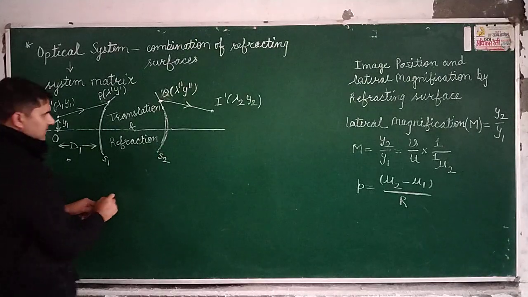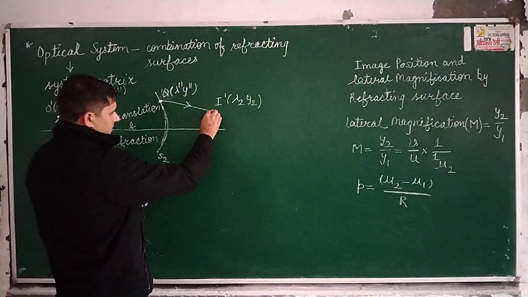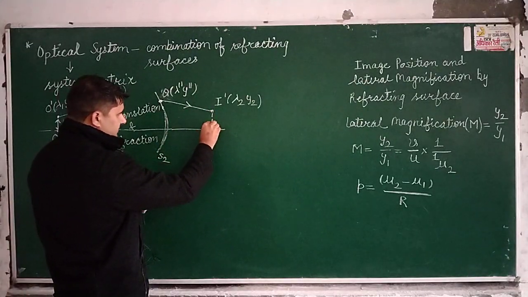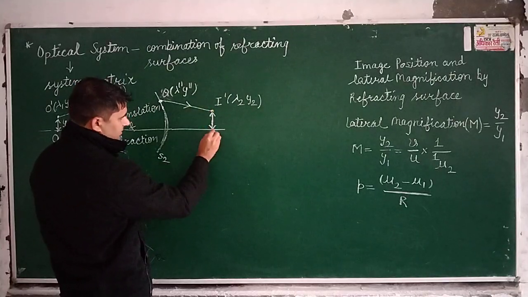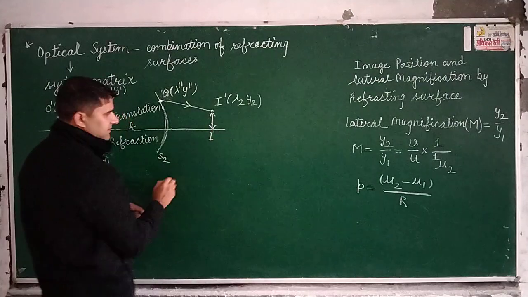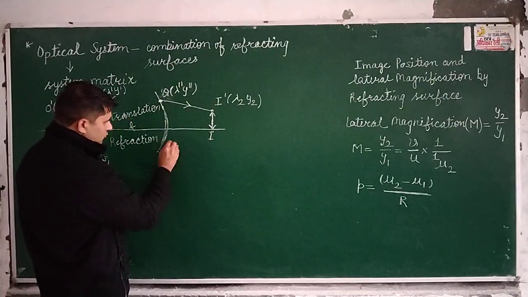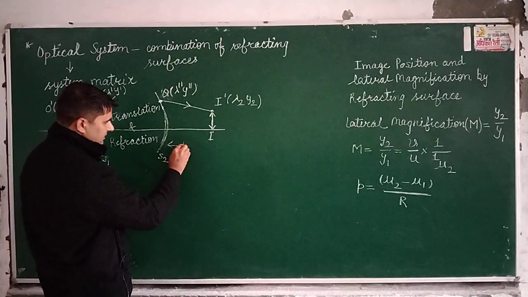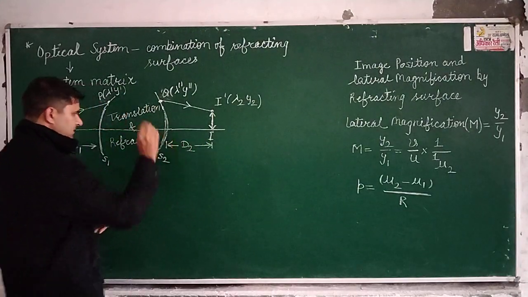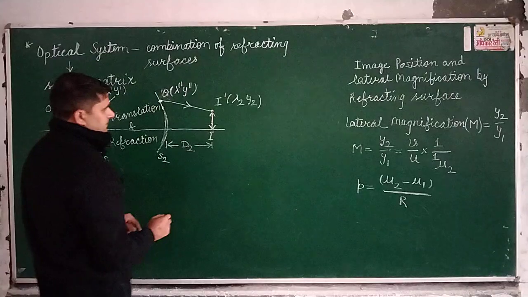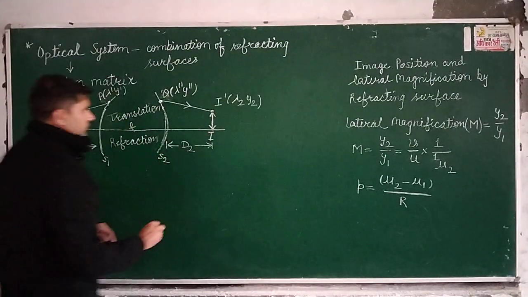And the corresponding point of I dash on the optical axis, let this be I. So the distance of the image position in the image space, I am taking it as d2. Now we are to find.